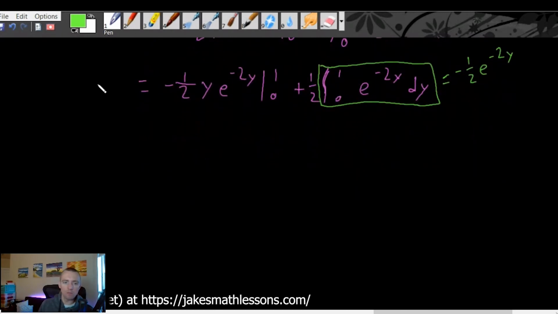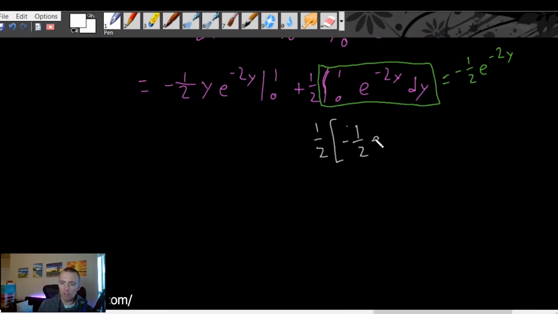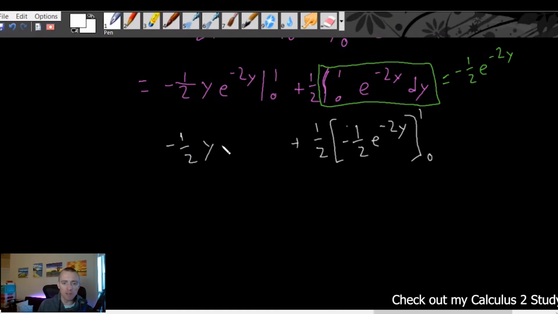So doing that is just going to give us 1/2 times negative 1/2 e to the negative 2y here. And keep in mind, this is still going to be evaluated from 0 to 1 because we still have our bounds on our integral here. And then all this is going to remain the same. We haven't done anything that would change any of this at this point.